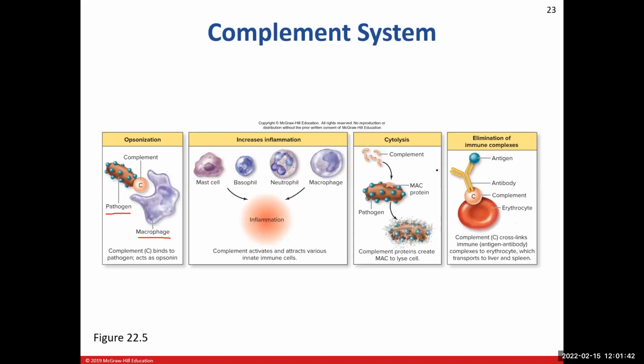So here you can see complement is going to be involved with inflammation. That's going to activate the mast cells and the basophils to release their substances, to get more cells to come to the area. And then we're going to attract more of the neutrophils and macrophages to that area. After we get done talking about inflammation in a few moments, you'll understand it a little bit better. But this helps to increase inflammation.